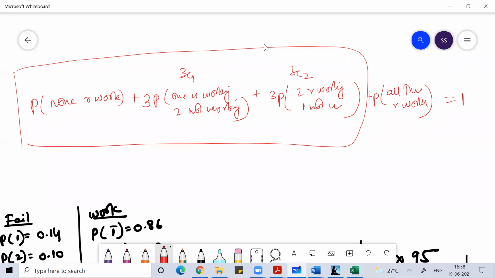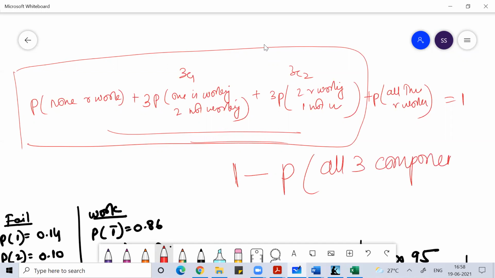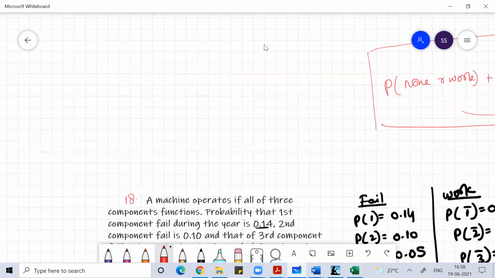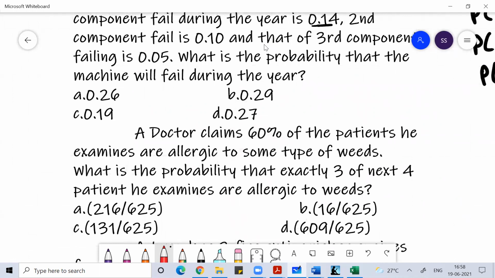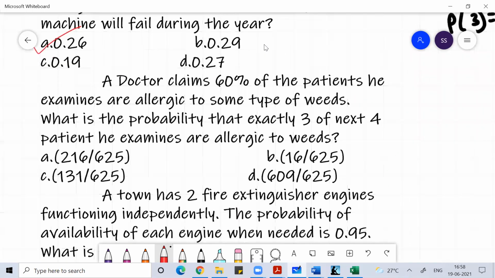So either you find this, or 1 minus the probability that all three components are working. Clear? I hope you understood this. So the answer for this would be 0.26. Then do this question, next one.